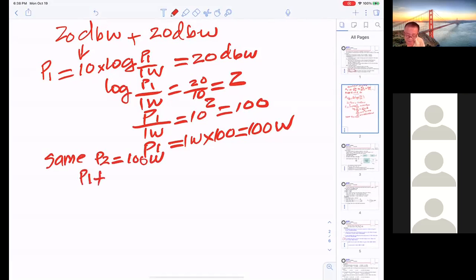P1 plus P2, 100 plus 100. Okay? Now you need to change back to dB watt.